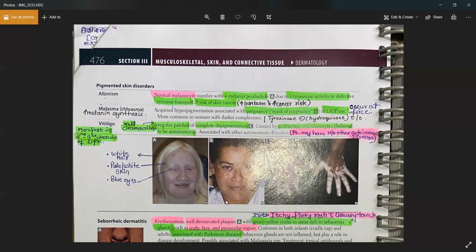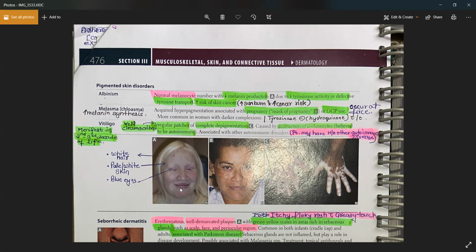Yeah, the conversion of tyrosine to dopa, and the conversion of dopa into melanin, this is promoted with the help of the enzyme tyrosinase. If the tyrosinase is not there, then the conversion of dopa into melanin will be decreased. And that's how you get albinism.